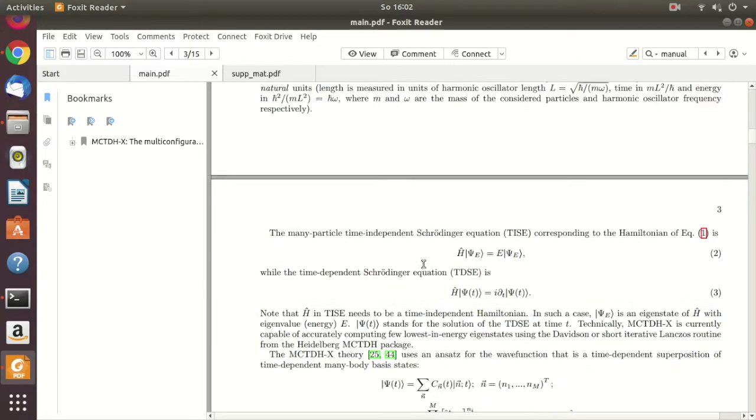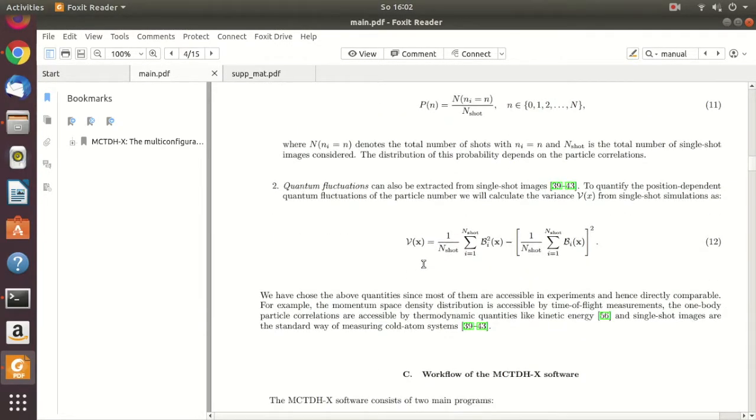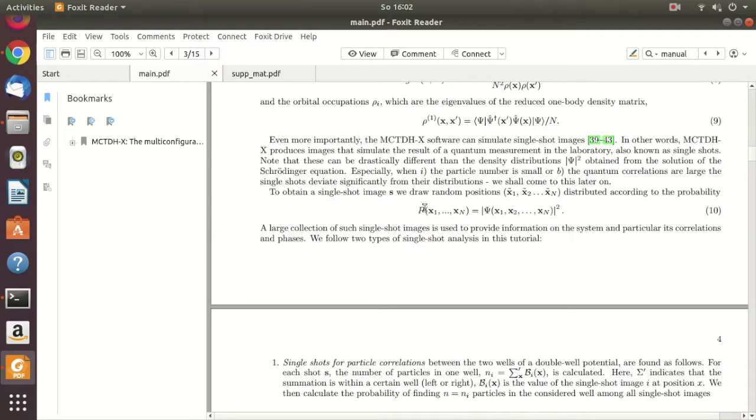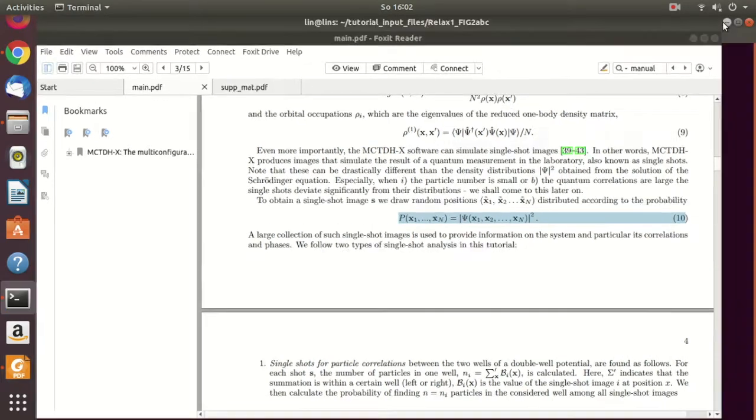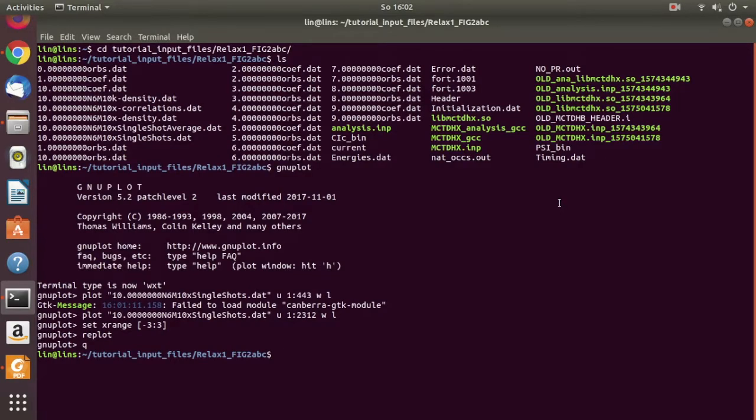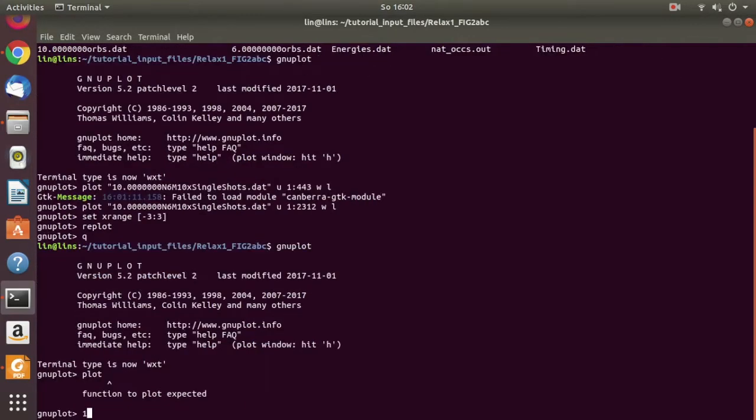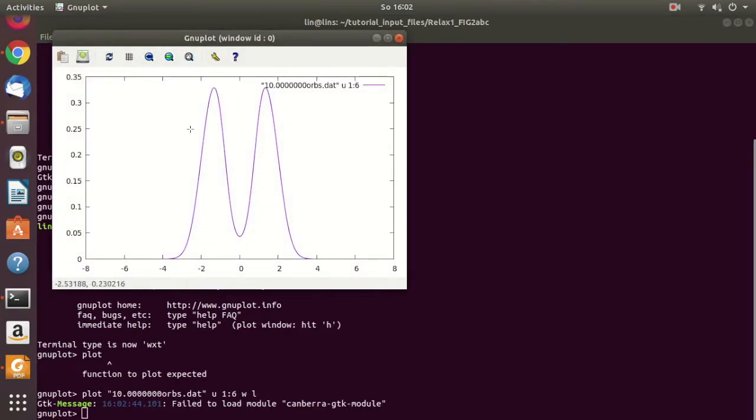And so the single-shot images are taken according to the wave function. Which means that in each single-shot image, the positions of the particles are drawn according to the wave function squared. So, for example, if the particles are completely uncorrelated, so let's show the density distributions.